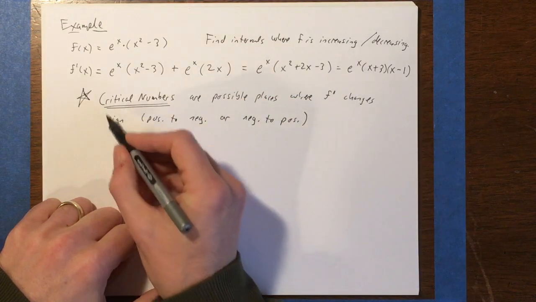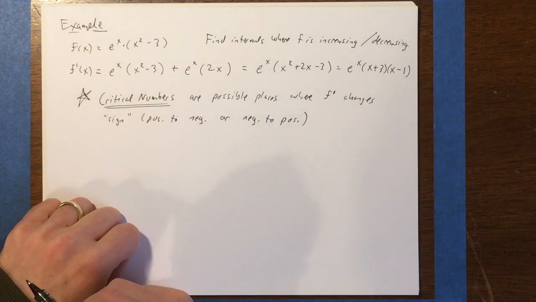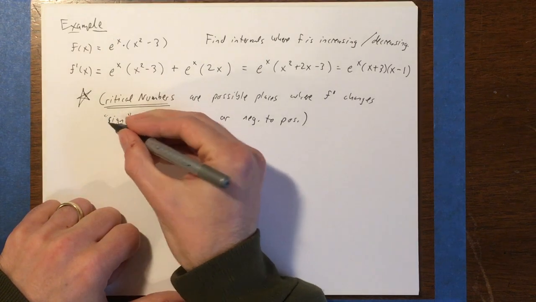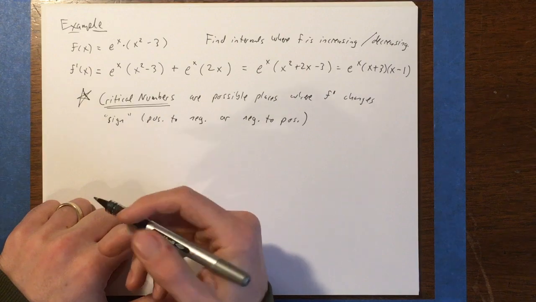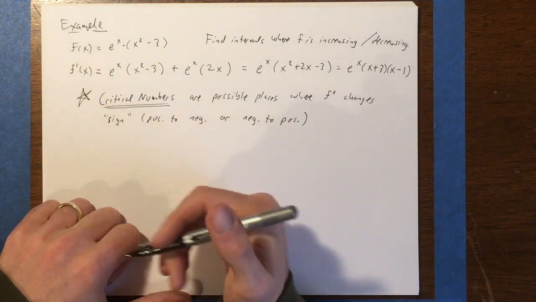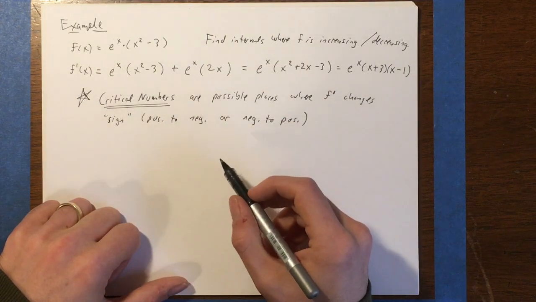Remember the sign, spelled S-I-G-N. The sign of a number is the quality of being positive or negative.